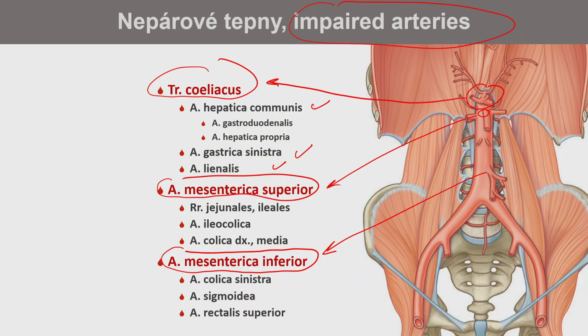The middle third of the intra-abdominal gastrointestinal tube is supplied by the superior mesenteric artery. This artery is supplying the small bowel and large bowel up to the splenic flexure.